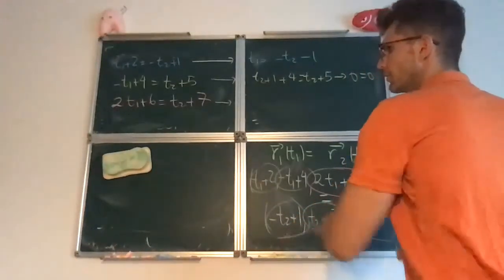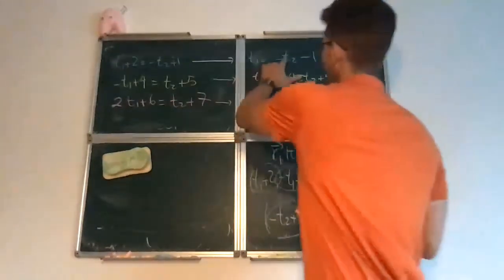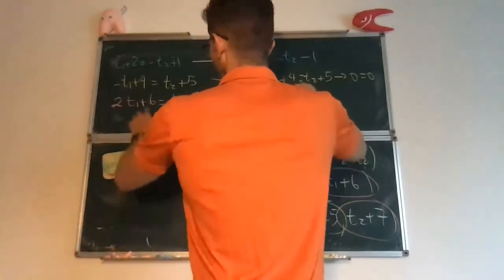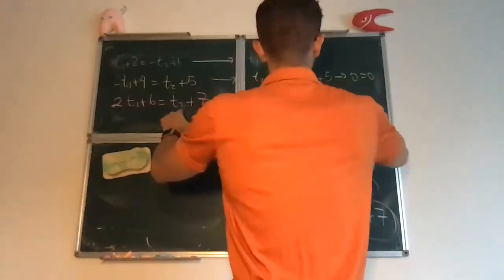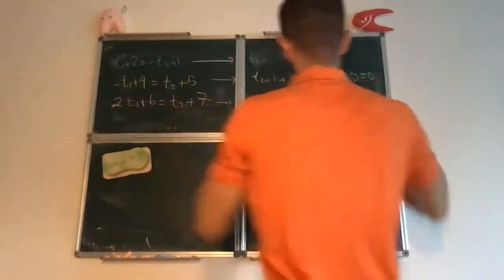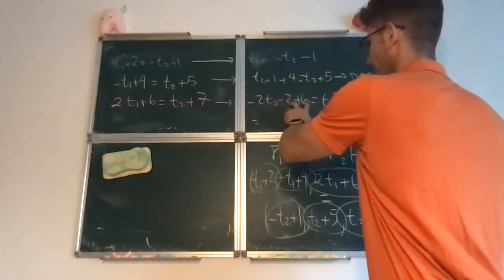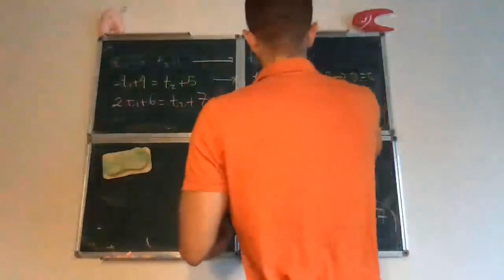And then if you do the same for the last equation, you get 2t1, and t1 is this, so you get minus 2t2 minus 2 plus 6 equals t2 plus 7. And here this becomes 4. So when you move the 7 to the other side, you get minus 3.